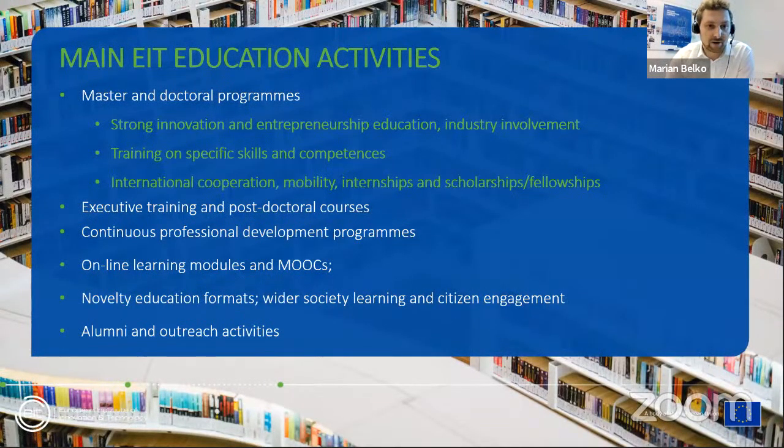Within our portfolio of activities, you can find really various types of programs and education modules and activities. These activities are always designed, executed, and delivered through the innovation communities and their education partners, universities and other types of education providers.